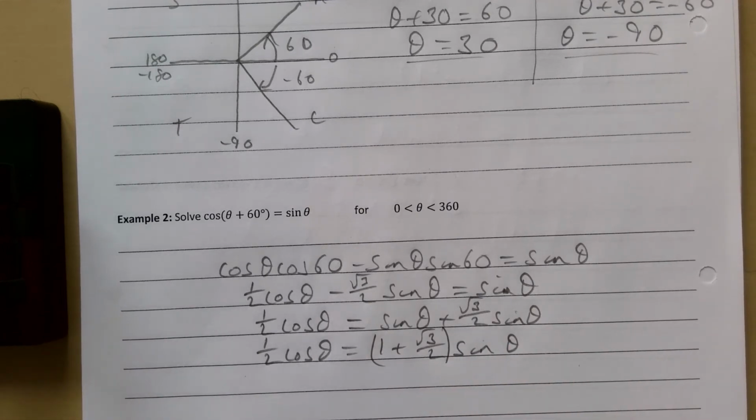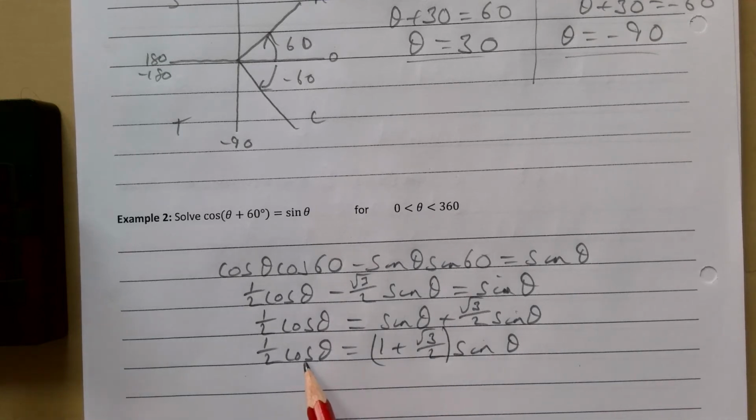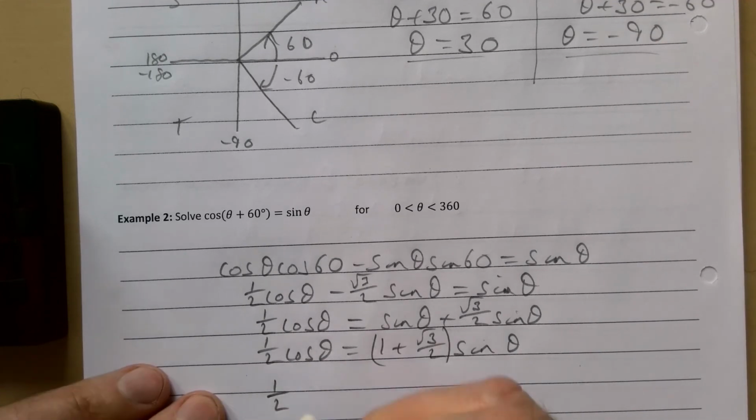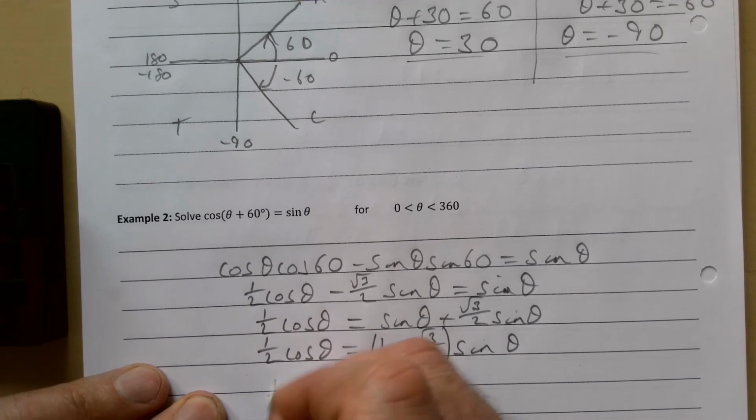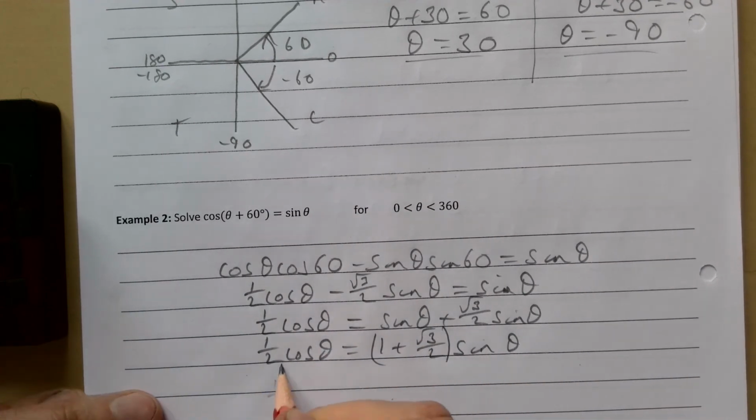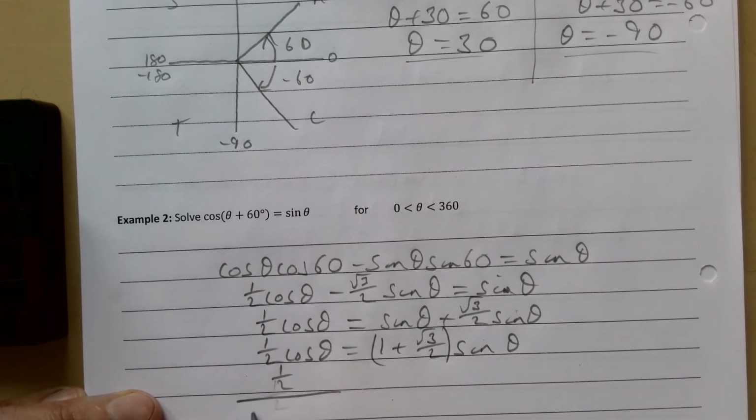And we know that sine over cos is tan, so I'm going to divide through by the cos to stick it there, and then divide by this bit to put it over here. So I'm then going to have a half all over 1 plus root 3 over 2 equals tan theta.